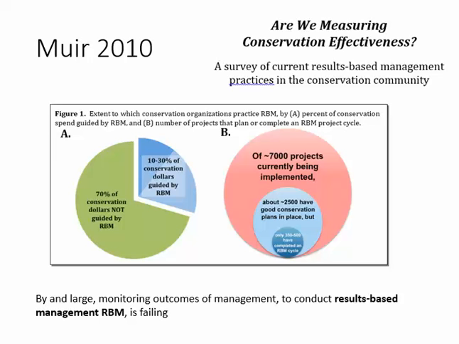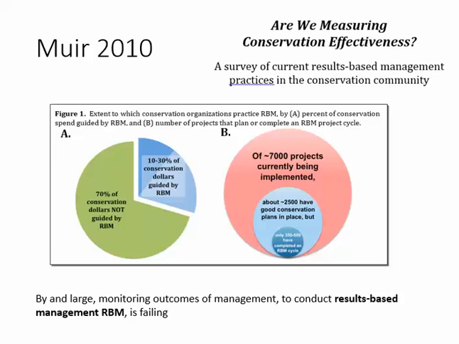But here you see in figure 1 is sort of the nut of the problem: we are somewhere between a 70-30 and a 90-10 split in terms of the money going for conservation that's not based on results-based monitoring, and 10 to 30% of the dollars are guided by results-based monitoring, and that's self-reported.